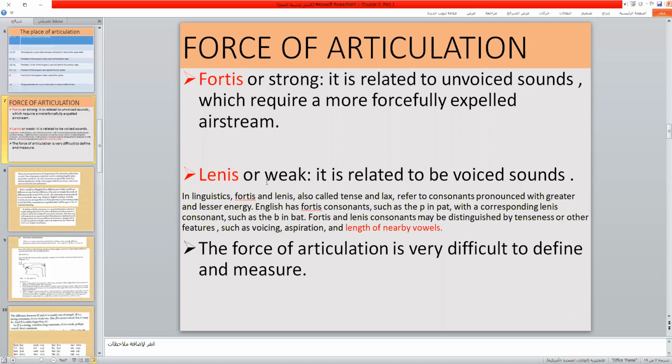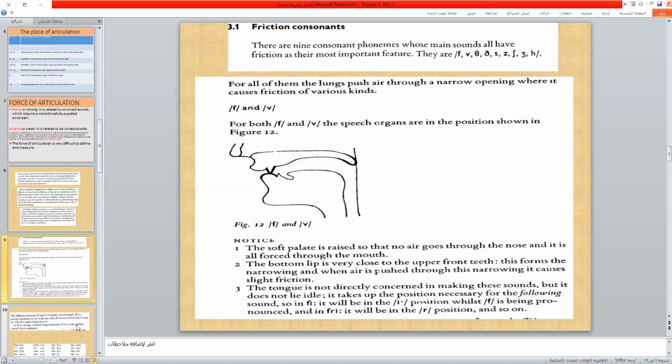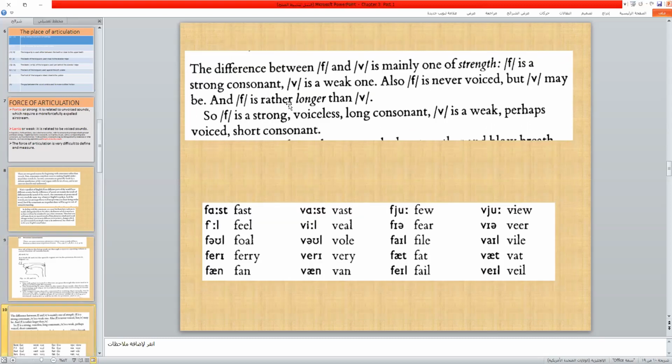When we say lenis, it means weak, which is voiced. But how do we differentiate and say that a sound is voiced or voiceless? We have explained this before. We have said that for voiced consonants, you can feel vibration in the vocal cords. For example, the sound v.